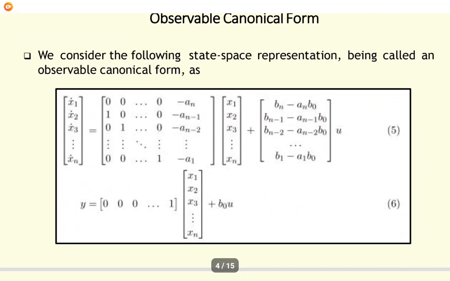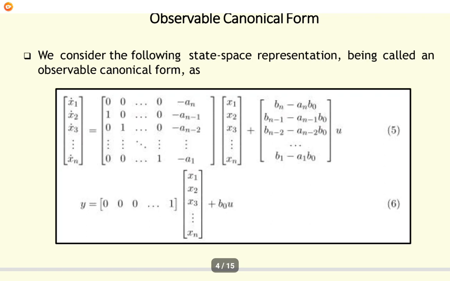We can consider the following state space representation, called the observable canonical form. The left-hand side remains the same, that is, x1 dot, x2 dot, and so on up to xn dot, is equal to 0 0, because A is transposed. Observable means all the matrices take transpose nature. A becomes A transpose.